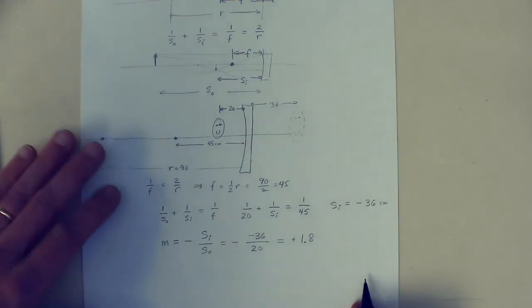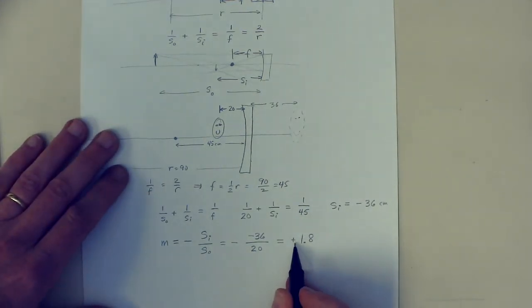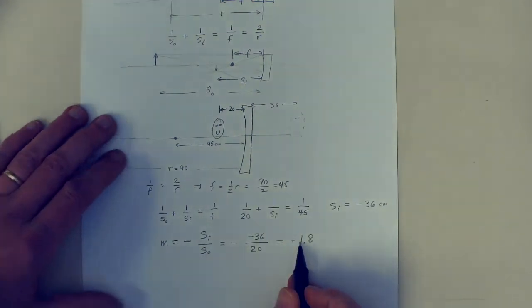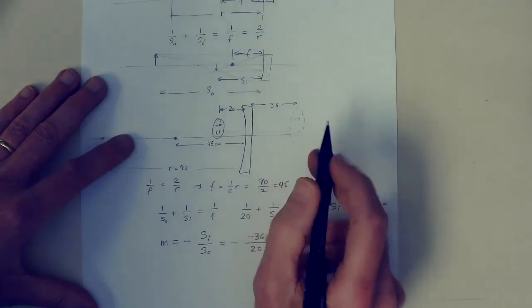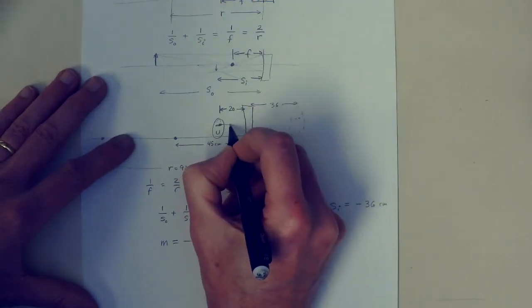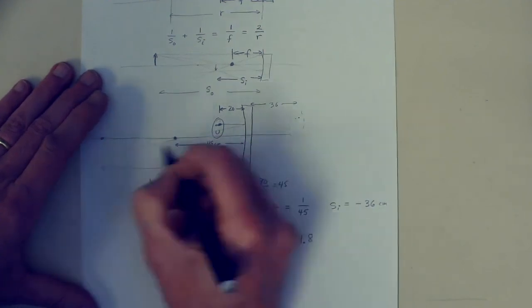So what sort of an image is this? Well, it's upright. It's not inverted because of this plus sign. It is a virtual image. It is formed from rays that seem to be coming from there. Let's draw an example. A ray from the eye here, if it was going parallel, it would end up going through this focal point.